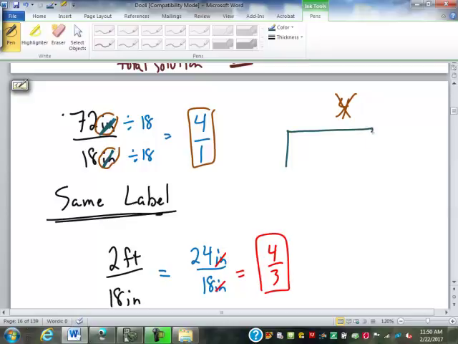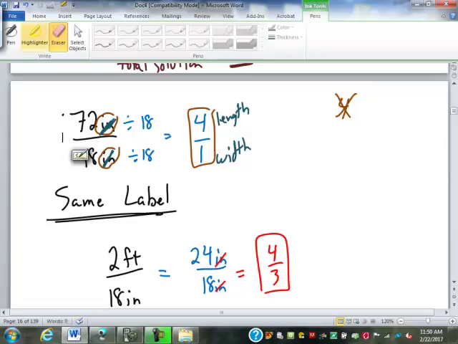So this 4 to 1 ratio, this is a length to width ratio here, has no units attached to it. Make that look a little bit more like a rectangle. So what that means is for every 1 unit of width, there is 4 units of length.